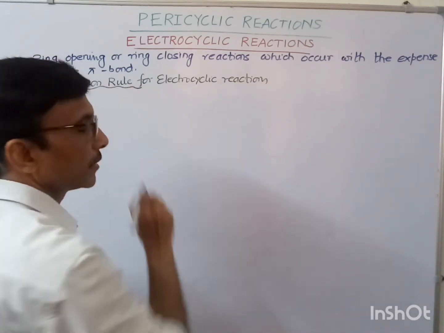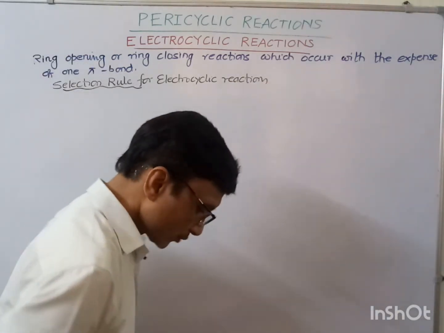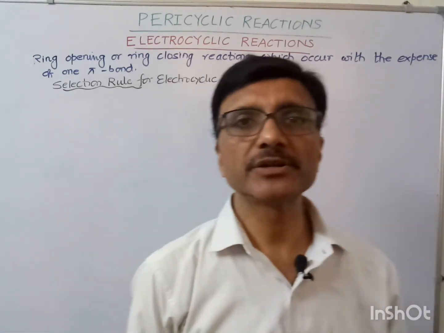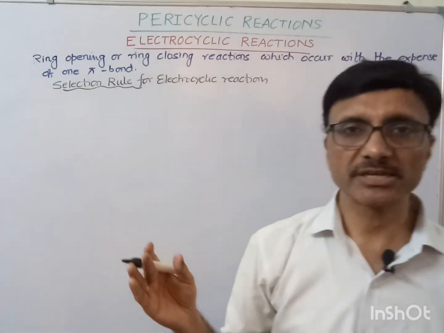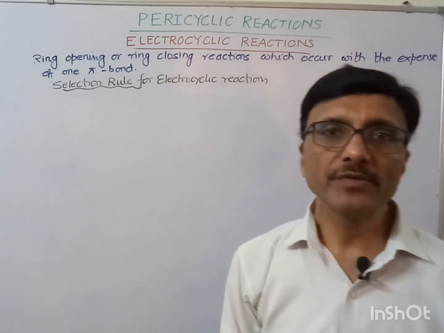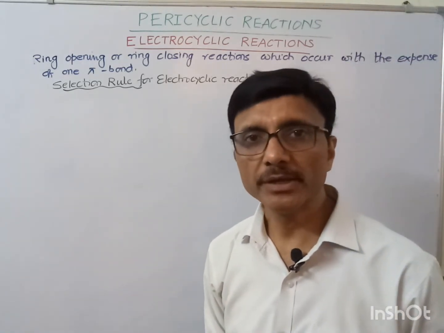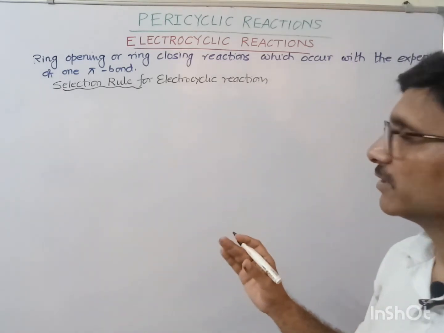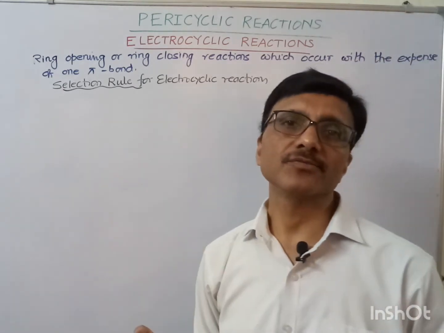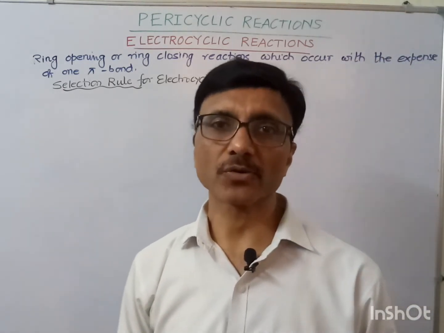Now in electrocyclic reactions, cycloaddition reactions, or sigmatropic reactions, we will see two types of systems. One would be the 4n electron system, another would be the 4n plus 2 electron system.